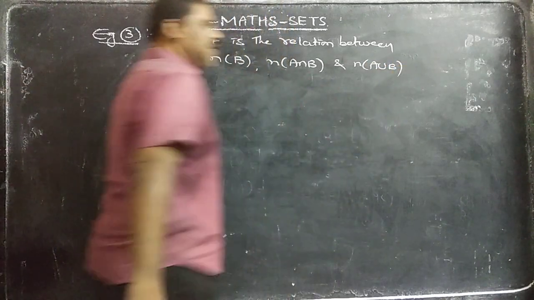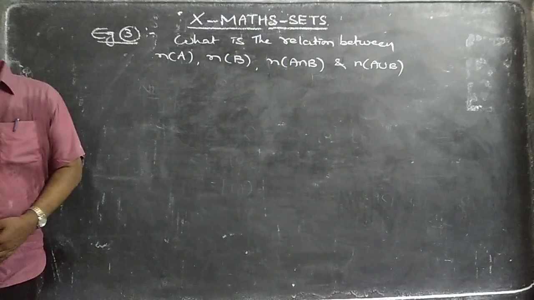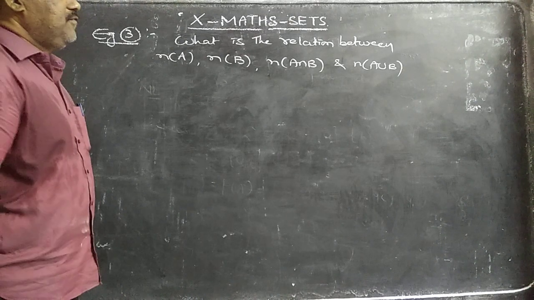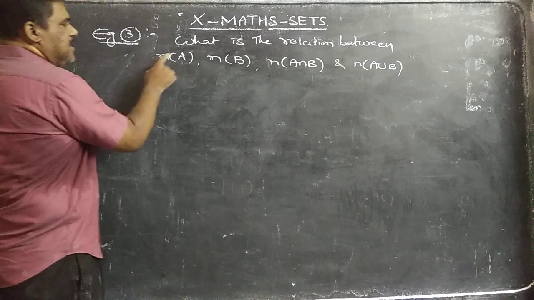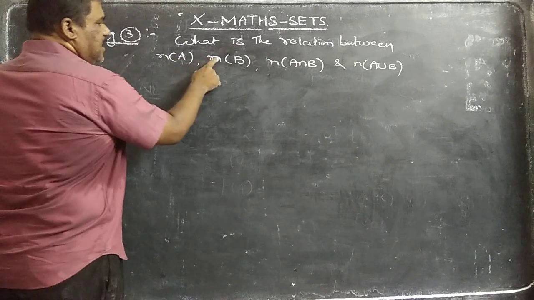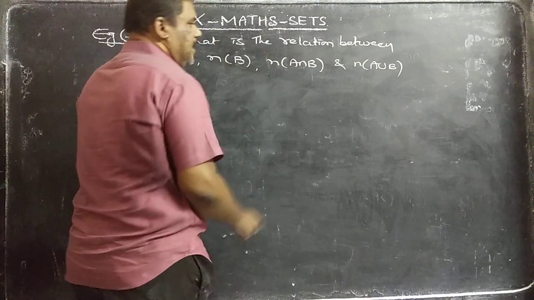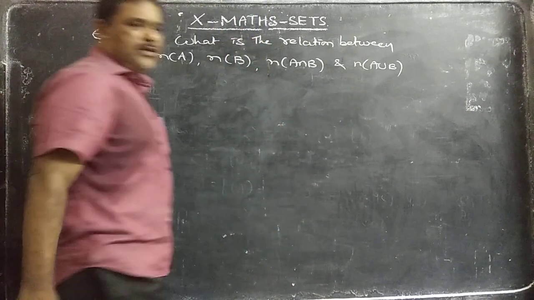Now let us write the relationship between them. N of A means number of elements in A, number of elements in B, number of elements in A intersection B, number of elements in A union B.